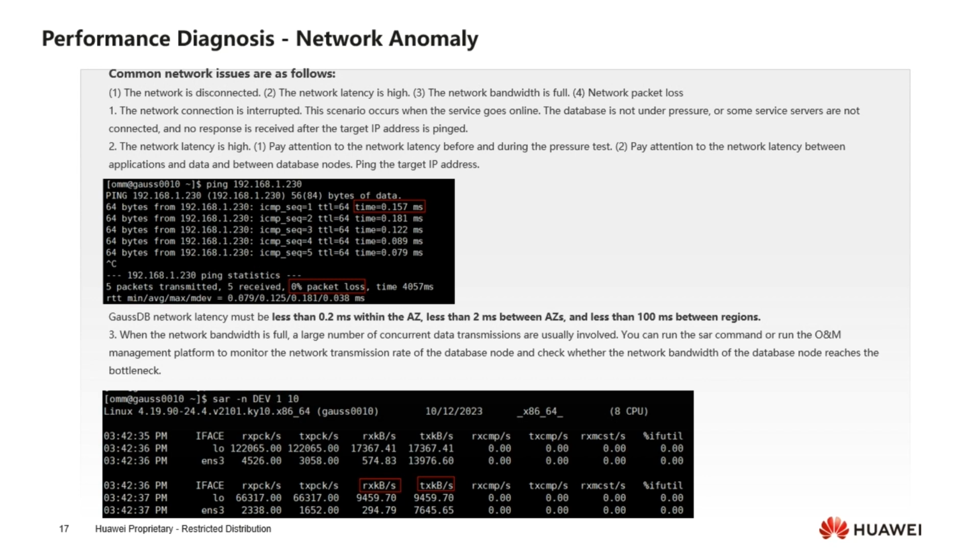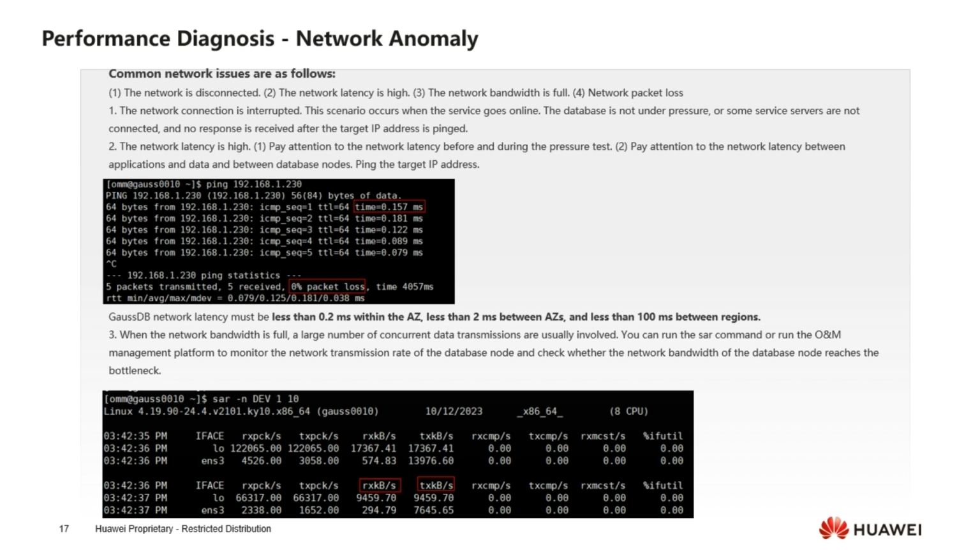While for high network latency, we get slow feedback on the application side from the database, but the execution time of the SQL query is quite short. In that case, we can use the ping command to see if the latency actually meets our expectation. GaussDB requires less than 0.2 milliseconds within an availability zone, less than 2 milliseconds between different availability zones, and less than 100 milliseconds between two regions.